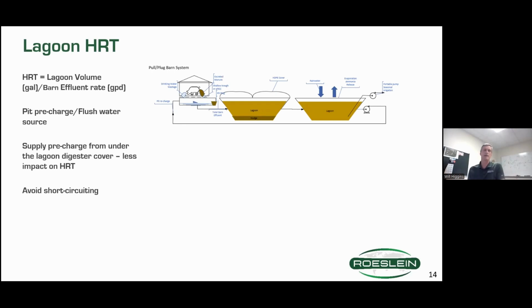Because you can think about it, even though your animals are making manure in December and January, you may not be making any gas in those months, but you're storing that feedstock inside the lagoon digester that entire time. And then when it does warm up in late April and May, you get to digest that stuff you've stored. So you don't really lose it, you just produce it at a different part of the year.